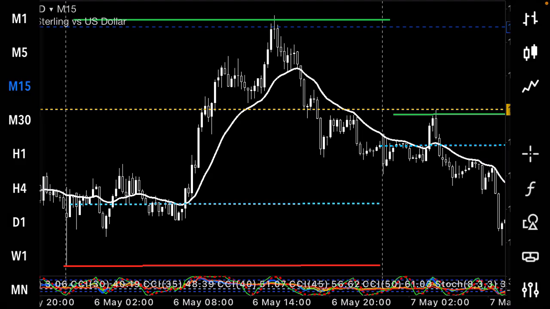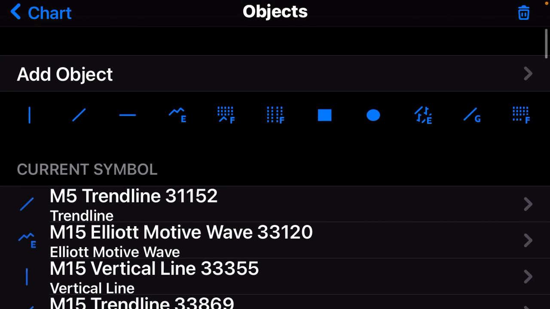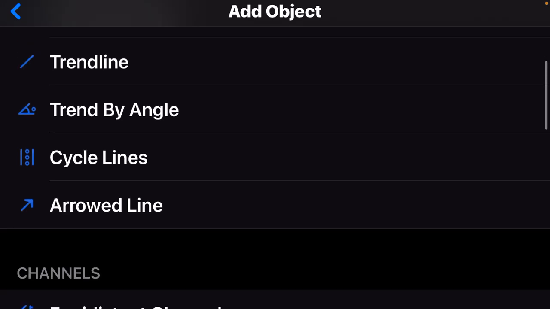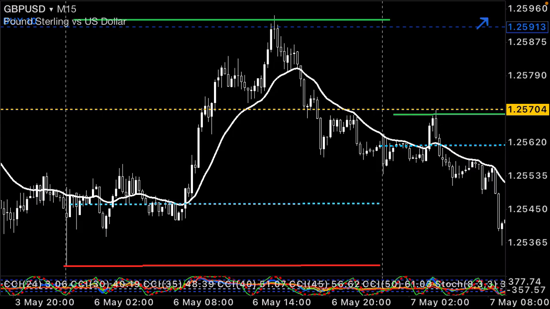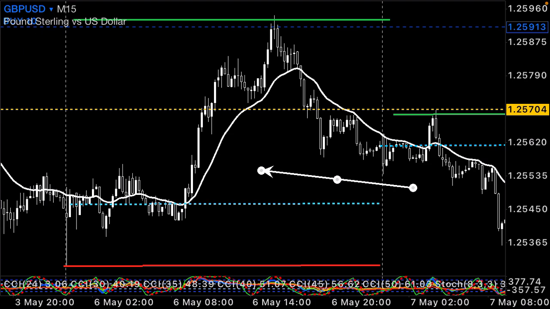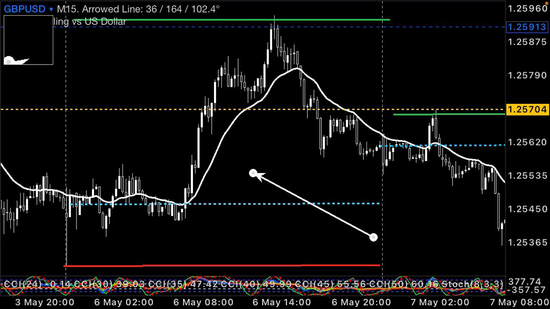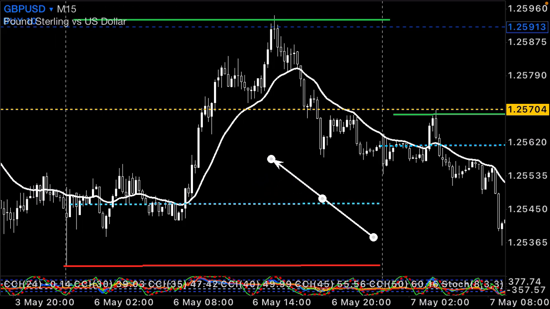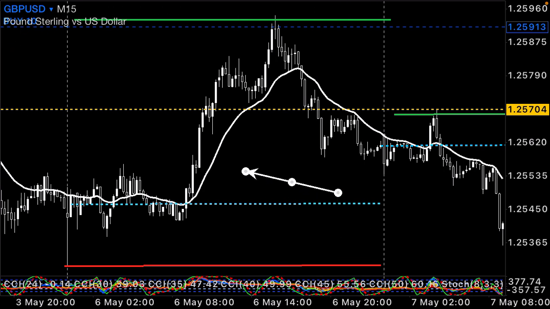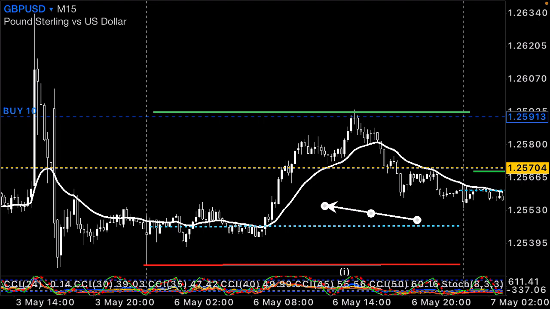I suppose I could use this arrow as an instrument, as a pointer. So there, that's cool.